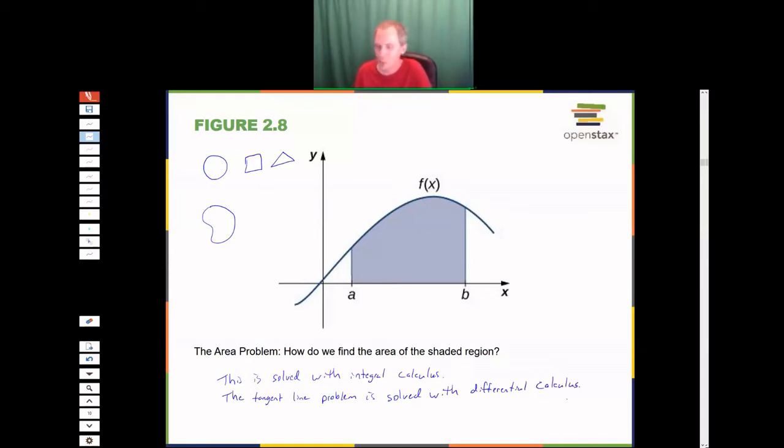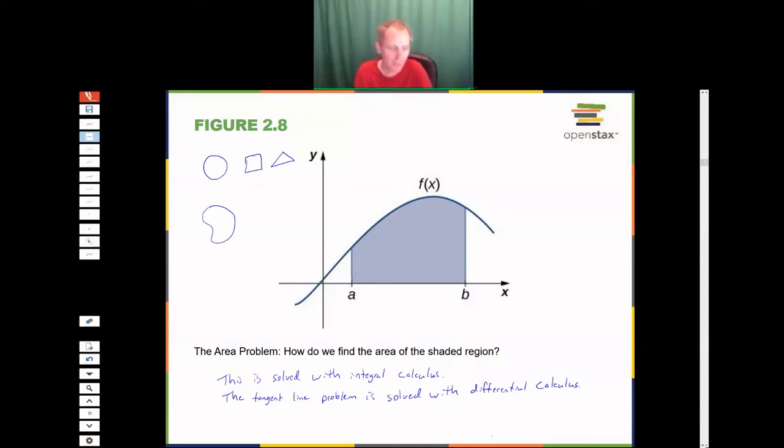Okay, and I'm gonna spoil the whole class for you and say these two are completely connected. The fundamental theorem of calculus connects integral and differential calculus together. Okay, and we'll look at that, but I feel like that's okay because nobody really likes surprises in mathematics anyway.